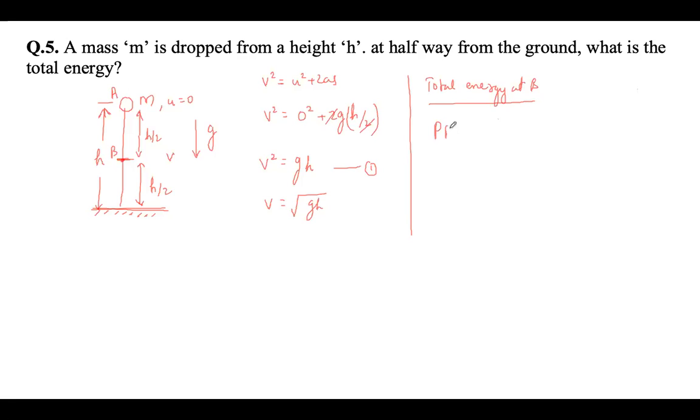So we'll find potential energy at B first. So potential energy at B is equal to mg into height, कितना है, h/2. So this is mgh upon 2.